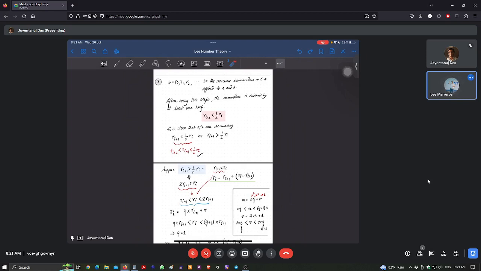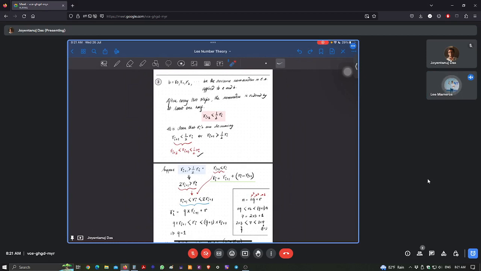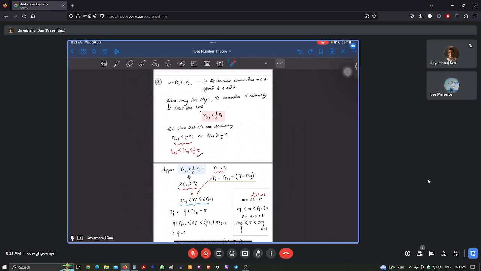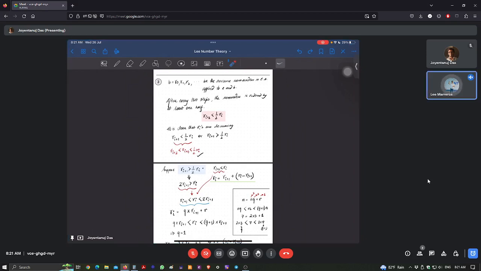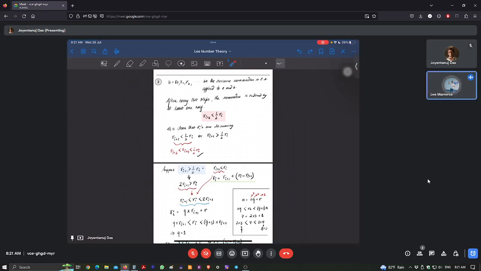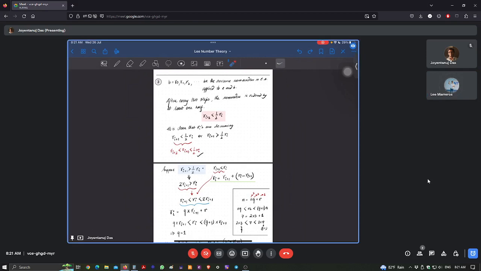We suppose that Ri plus 1 is either less than half of Ri or greater than half of Ri. These are the 2 cases we divided into. In both of them it worked, right? Yes, it should work for both of them.